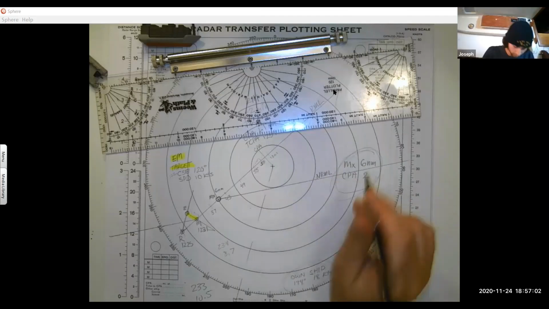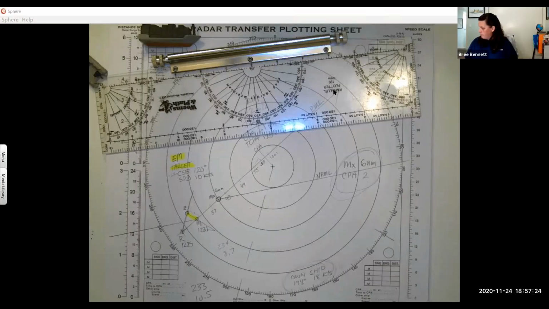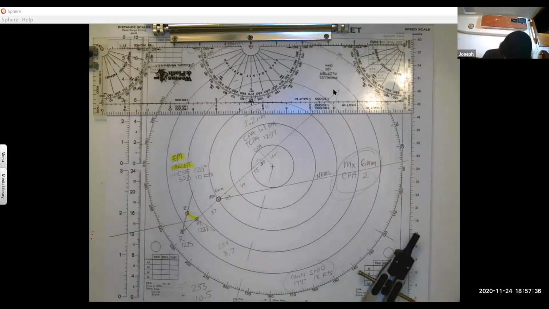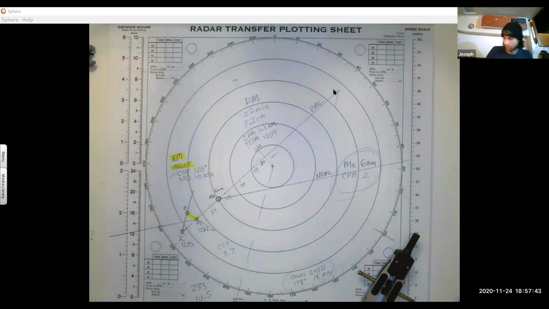So I just want to look at it. Relative motion. So it looks better.